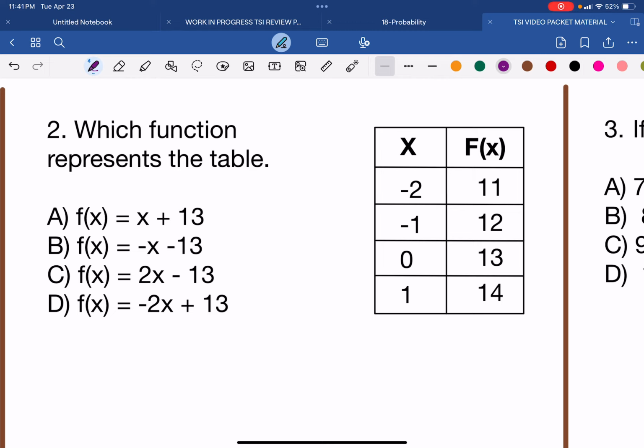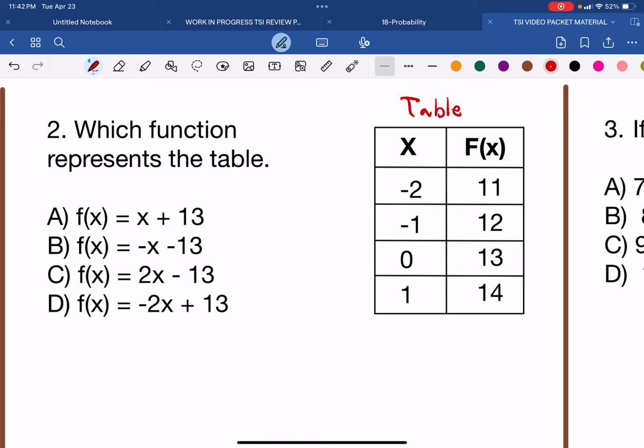Look at question number 2. Which function represents a table? If you don't remember about linear functions, you'd probably be totally lost. So one thing we could do is plug in numbers. They didn't give me a specific number, but they gave me a table, and the table has all the values.